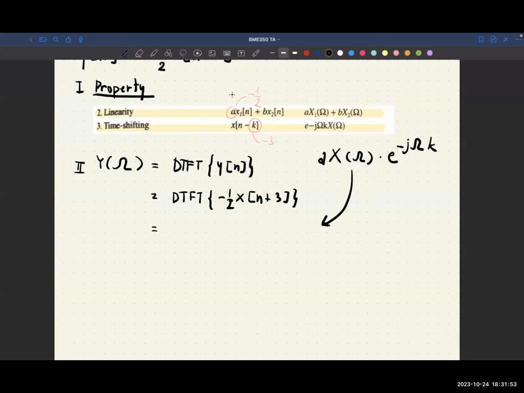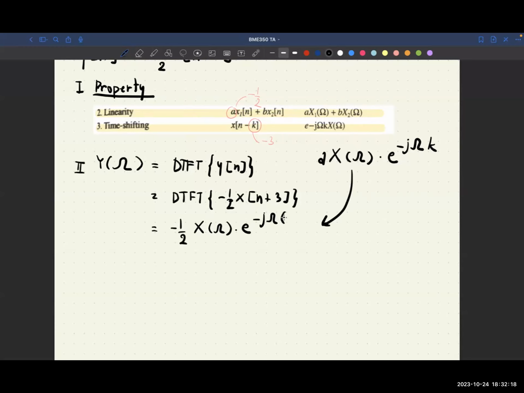And if we plug in our values of A and k, we should be getting -1/2 X(omega), right? A X(omega), and then multiplied by e to the power of -j omega k.